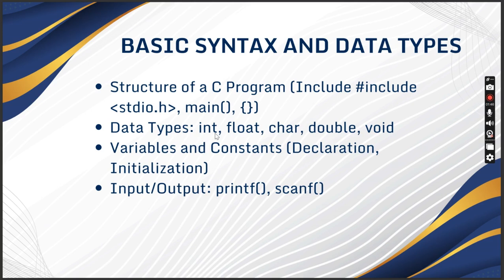The data types used in C are int, float, char, double, void, etc. Then the variables and constants, declaration and initialization. Next is input and output, where printf is used to print a statement, and scanf reads the input. For example, if we enter a set of numbers, it will scan with %d, &num, and read the input.